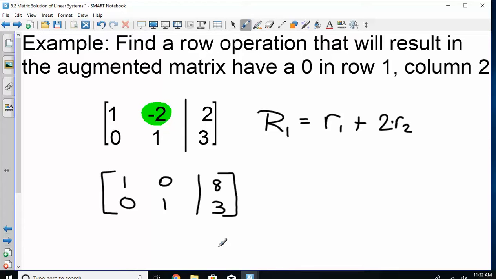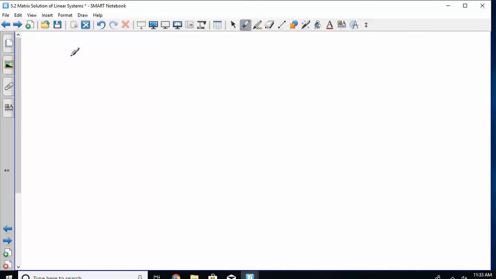So this leads us into our strategy for solving these problems. It's called the Gauss-Jordan method. You probably don't necessarily care about that too much. But essentially what we want to happen is we want 1s on our diagonal and 0s everywhere else.